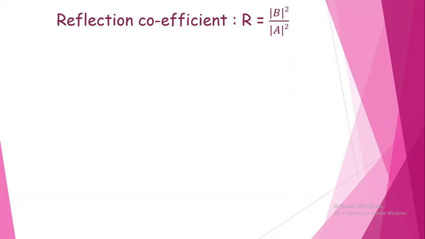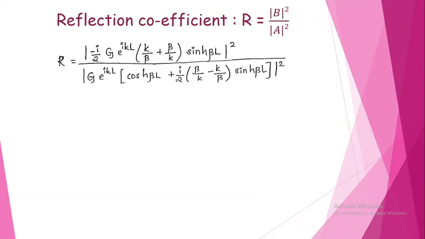So we define R as the ratio of the reflected probability current density to the incident probability current density. Using the formula, we can substitute the values of B and A from our previous equations.